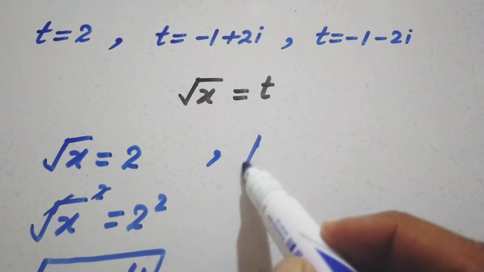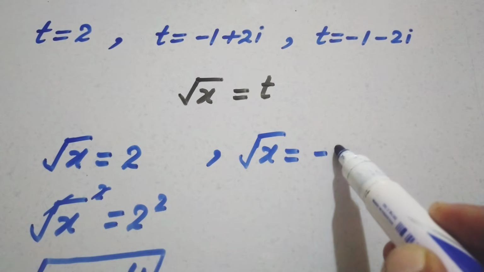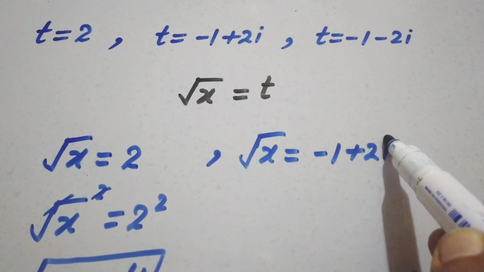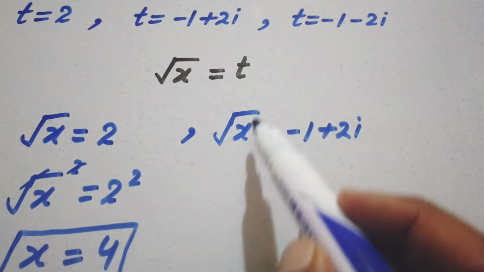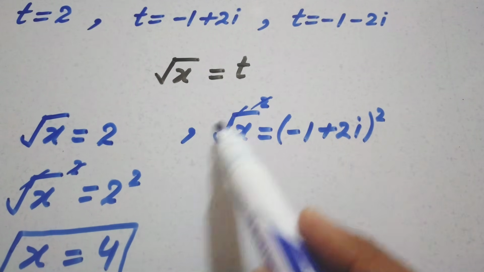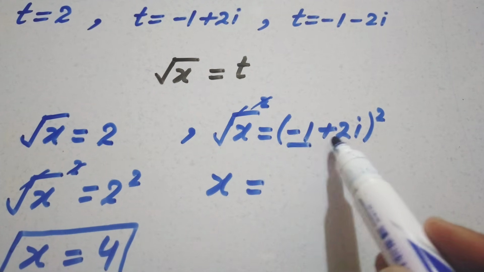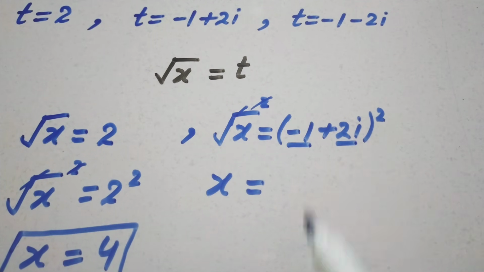And when square root of x is equal to t, when t is equal to minus 1 plus 2 iota, so by squaring on both sides, this will cancel, and x is equal to a plus b whole squared.